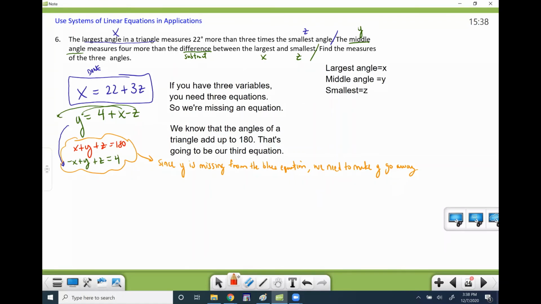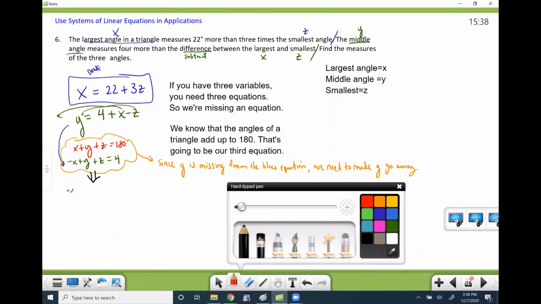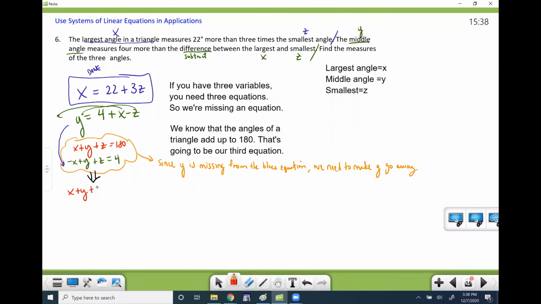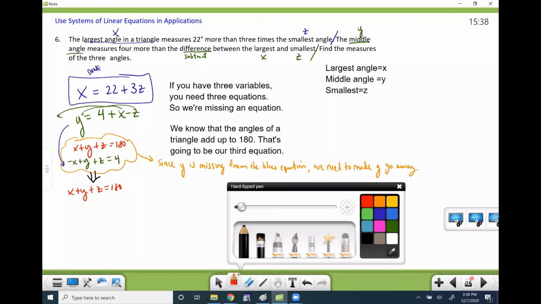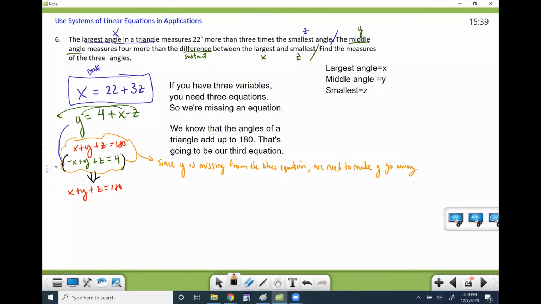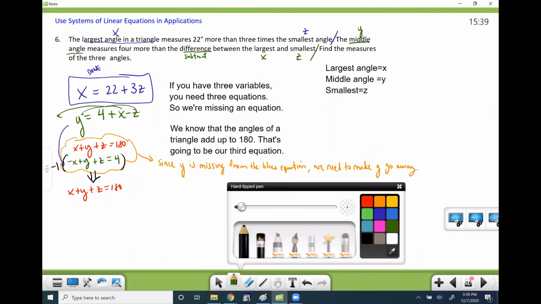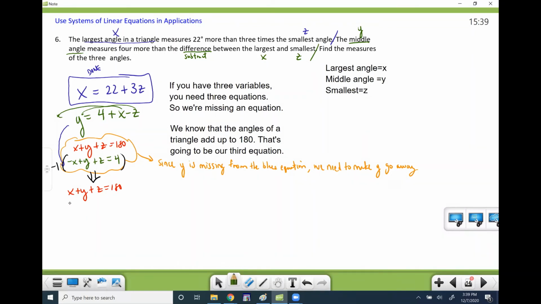So let's just say that we leave the red the same. If we leave the red one the same, what are we going to have to do to the green one so that the y's cancel? Multiply by a negative. Yep, multiply it by a negative. That's going to change all the signs on us. So negative x will become positive x, positive y becomes negative y, etc.